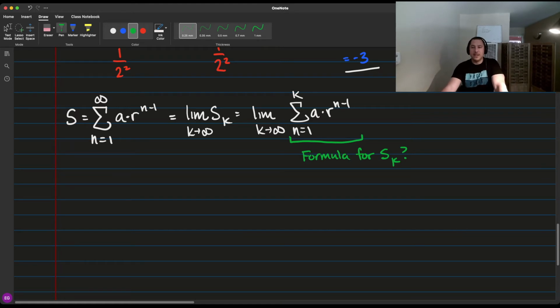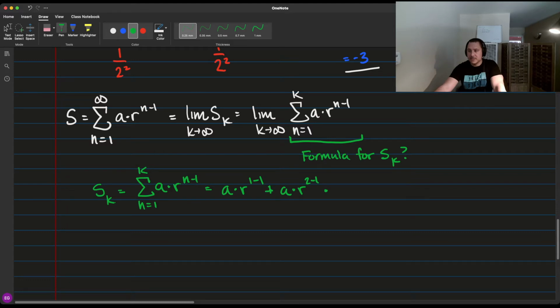So we get to work on this. Okay, s_k, that's the sum where n goes from 1 to k of a times r to the n minus 1. And let's just plug in these terms. I'm going to get a times r to the 1 minus 1 plus a times r to the 2 minus 1.